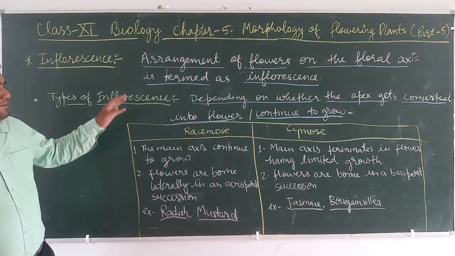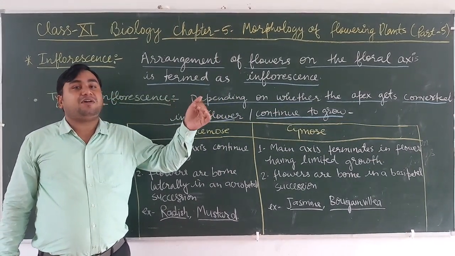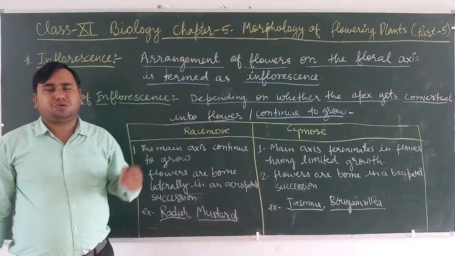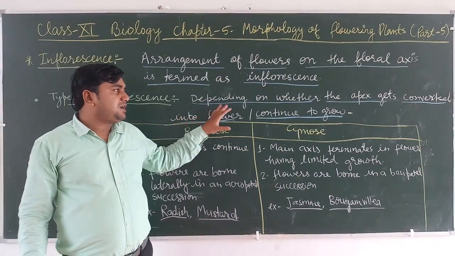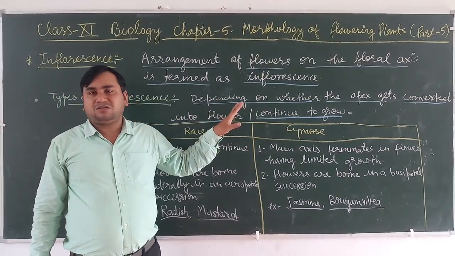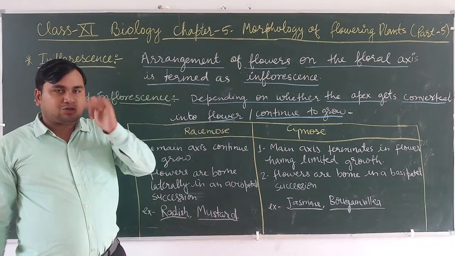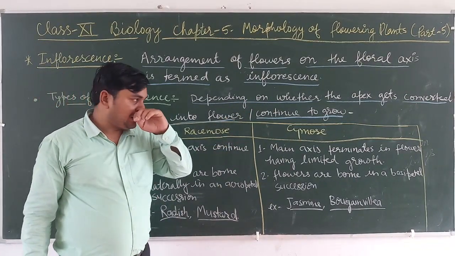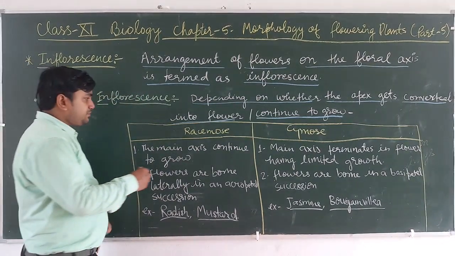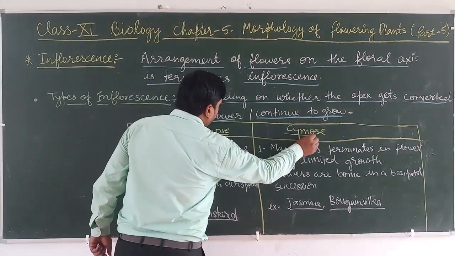The types of arrangement of flowers depend upon whether the apex gets converted into the flower, otherwise continues to grow. कहाँ पे होता है? कैसे इसको हम लोग डिस्क्राइब कर सकते हैं? जहाँ पे फ्लावर जो है उसका एपेक्स कन्वर्ट हो जाता है किसमें? फ्लावर में, और उसकी कंटिन्यू ग्रोथ होने लगती है. It is of two types. First one is the racemose, and second one is the cymose.